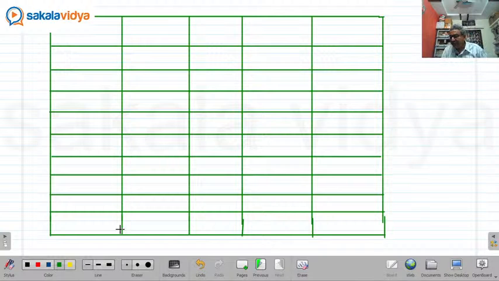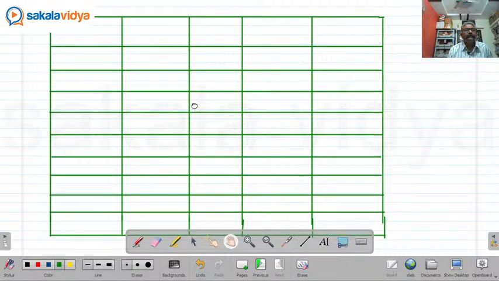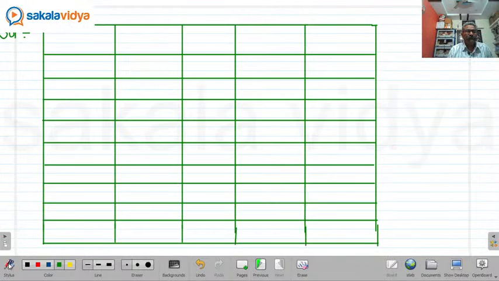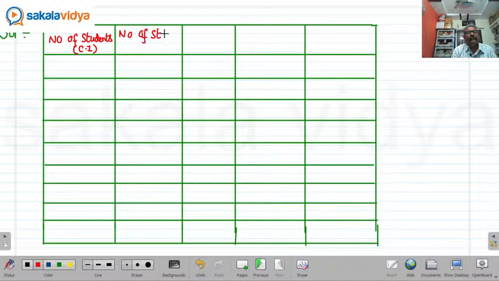Right, let us fill it first of all. Now number of students, this is class interval. Number of states, this is frequency, fi.